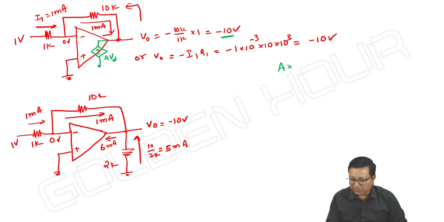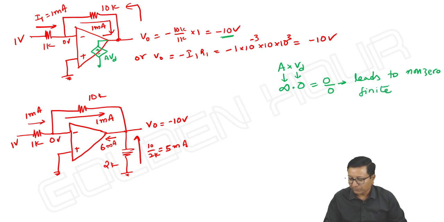So A into VD, as A approaches infinity, VD approaches 0. What is the value of infinity into 0? Or it is also written like 0 by 0. It always leads to a non-zero finite value. We are well aware of it. And what is that non-zero finite value? That is nothing but minus 10 volts.